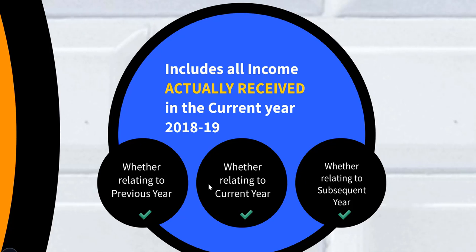It can relate to the previous year, it could relate to the current year, or it could relate to the subsequent year. So all the income which is actually received in the current year, irrespective of whichever year it relates to, is shown on the debit side in the receipts side of the receipts and payments account.